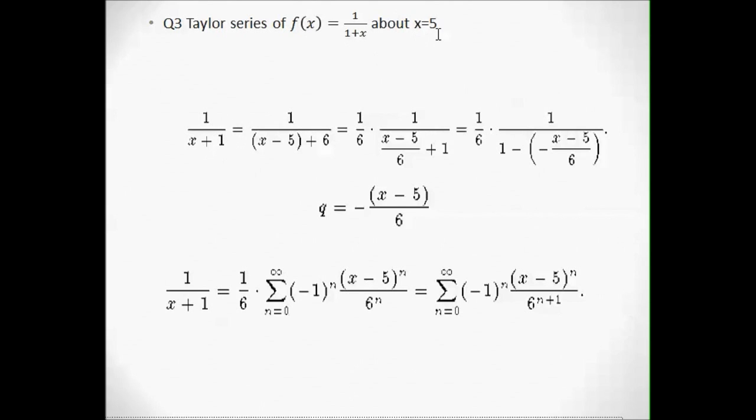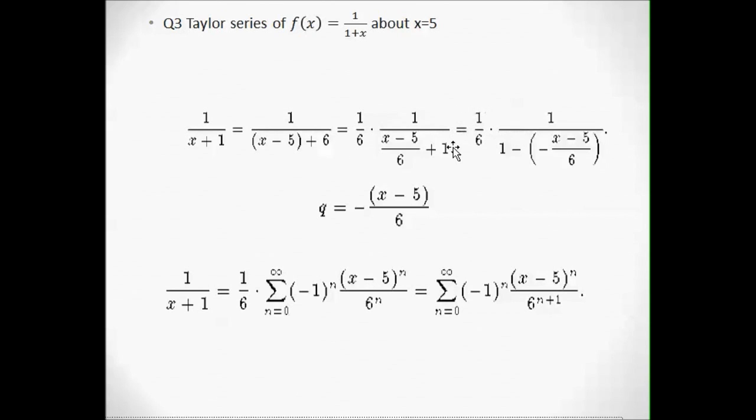I wanted to make it about x equals 5, so I put x minus 5 here in brackets. When x minus 5, I need it to be plus 1, so I put a plus 6 here to make it equivalent to x plus 1. But I still need this 6 to be 1, so I divide by 6, and as you can see, I multiply by 1 over 6 here as well.